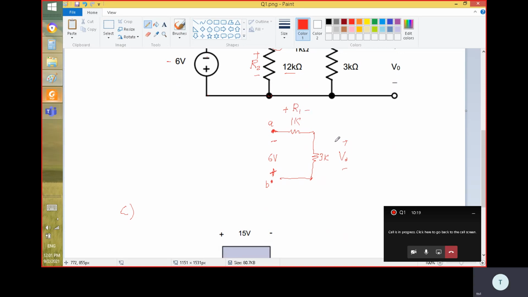And then let's say this is a plus, let's say this is R3, plus and minus, right? So usually we start from here, so you can start with a plus 6 volt, okay, plus 6 volt.